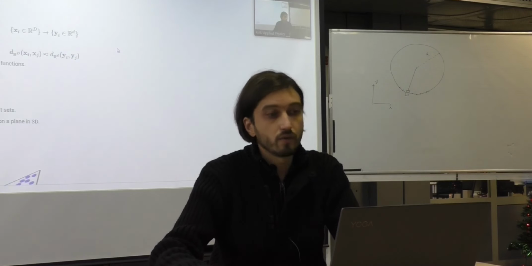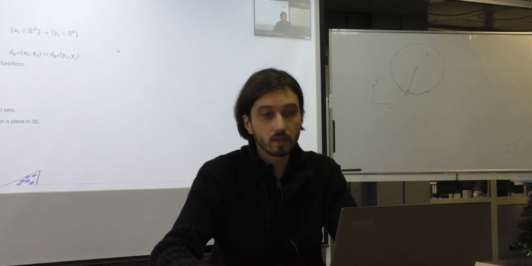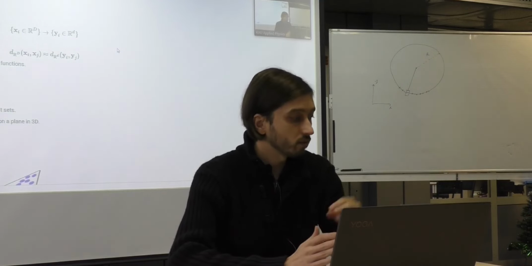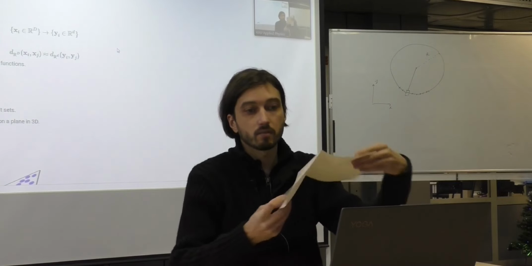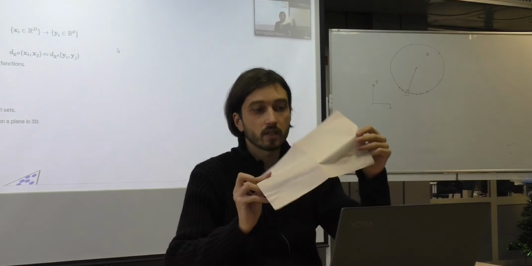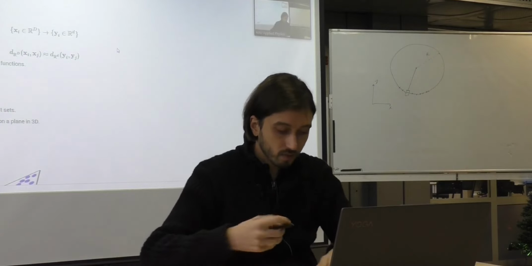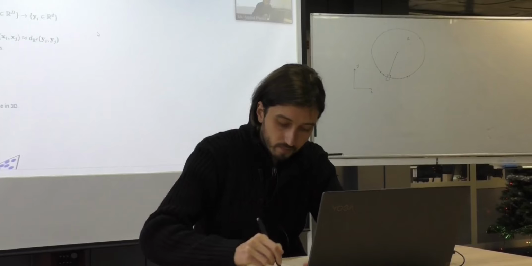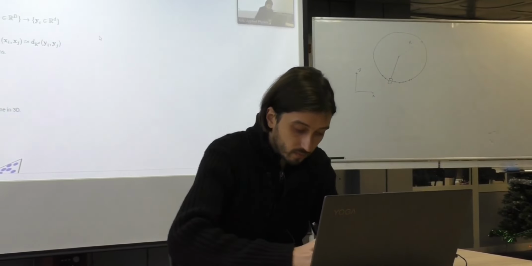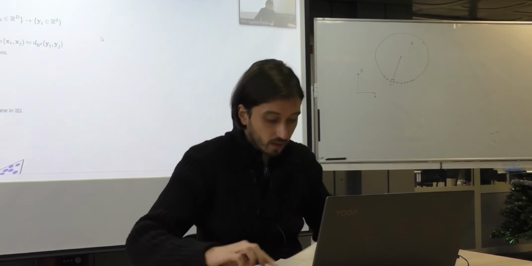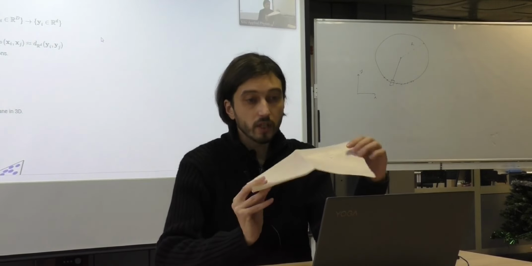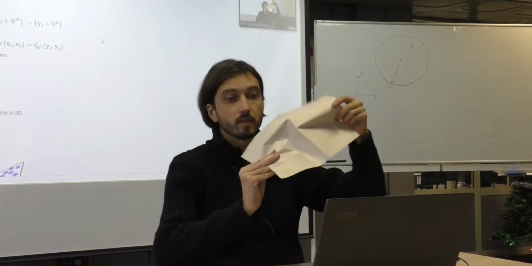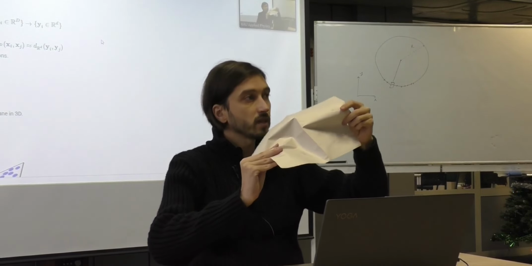So how can we do that? If I have some manifold and some points on this manifold, here, here, and there, I want to somehow unwrap this manifold and transform it into the plane.